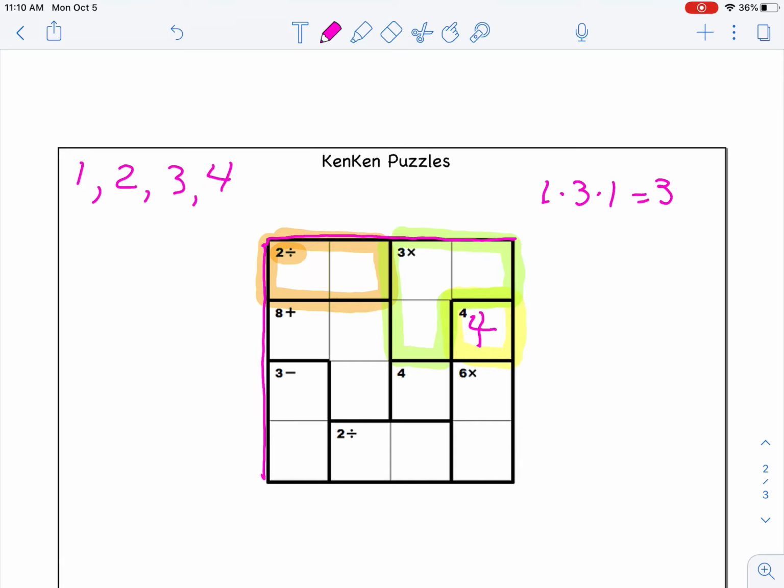So that means that I can't have a 1 and a 1 here, because that's going to mess up my column there. So if I put the 1 there, that's also going to mess up my column. So the only places I can put those 1s then is a 1 and a 1 and a 3.